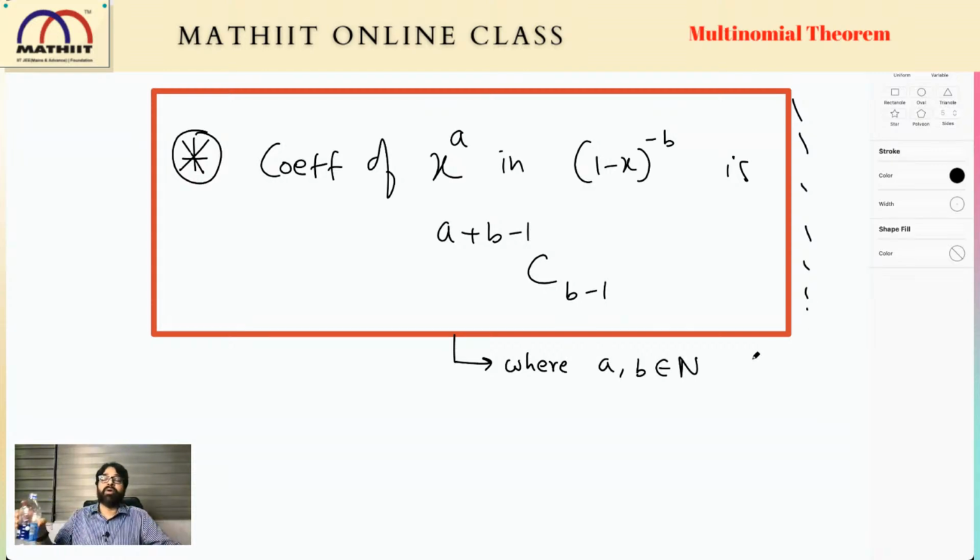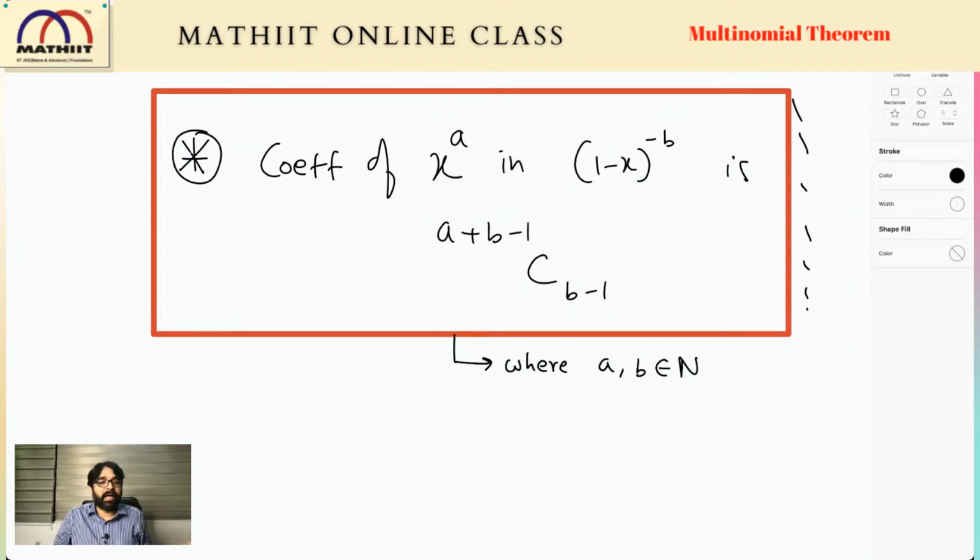You say, sir, why not 1 plus x power? Because of the purpose, you have to use only 1 minus x. Did you understand? You have to use only this formula, no other formula.